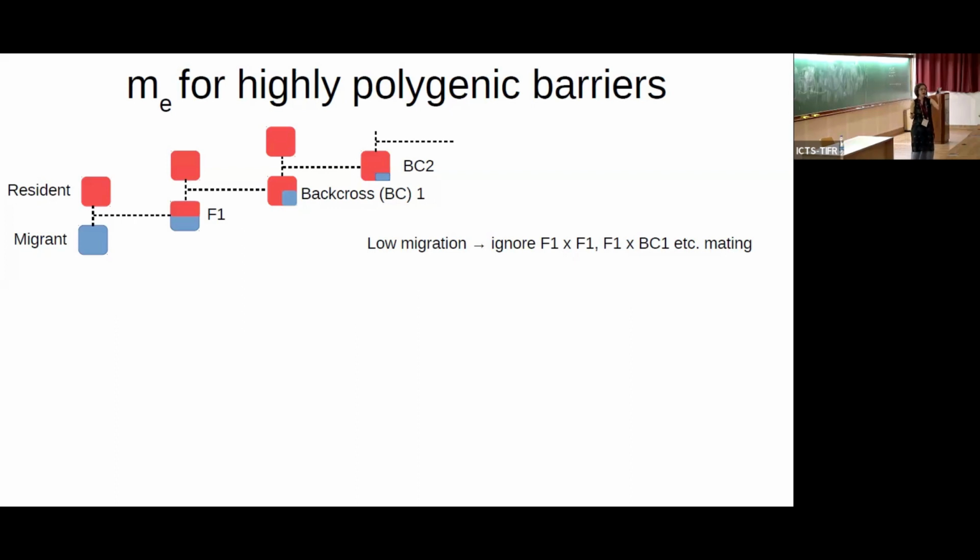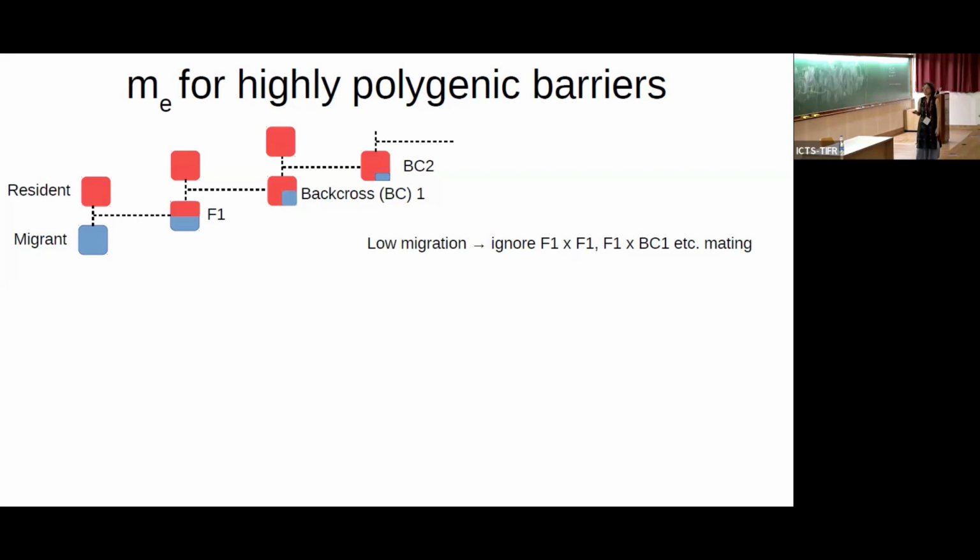So in every generation of successive mating, the fraction of deleterious alleles that you carry halves approximately. You can go on thinking about this. So it's just a geometric series. Migrants are fully deleterious, or at least in terms of their relative fitness. Hybrids half as deleterious, backcross is 1/4, and so on.